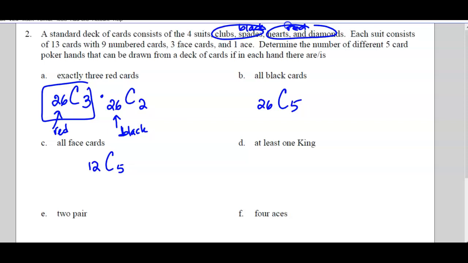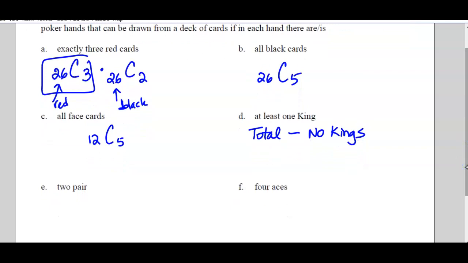Okay, so at least 1 king, you can do it the long way or the short way. At least 1 king will be 1 king, 2, 3, 4. That's 4 calculations, right? So you can go total minus no kings. Total is 52 choose 5.